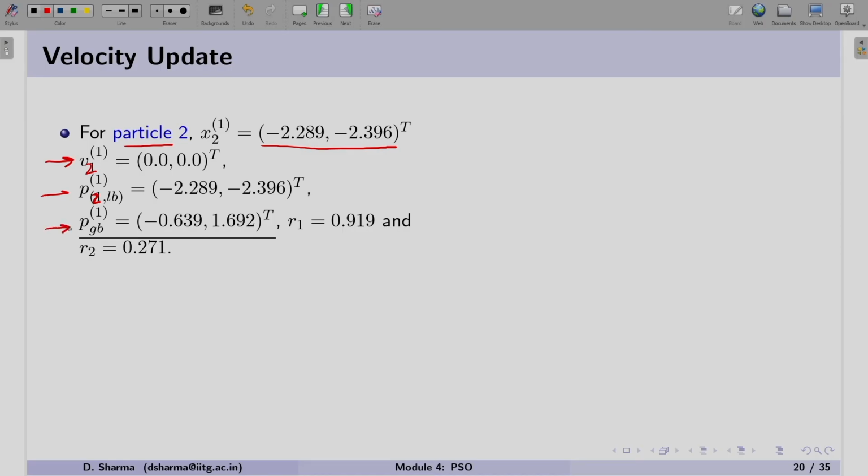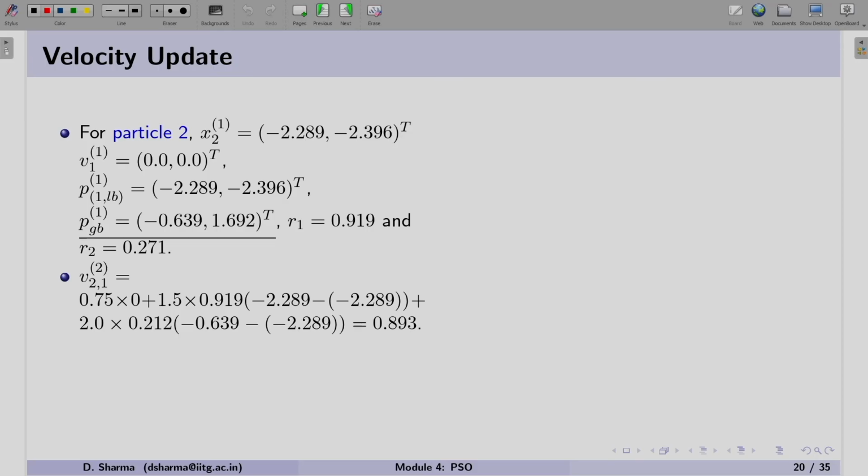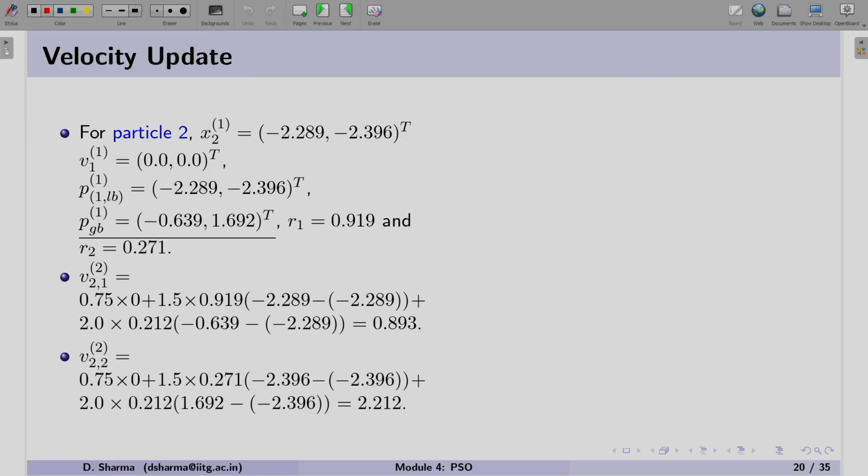Now, by putting all of them together and taking R1 and R2 from the table in the previous slide, we can calculate the velocity, the first component coming out to be 0.893 for particle 2, and again using the formula we get the second component of the velocity for particle 2 as 2.212.